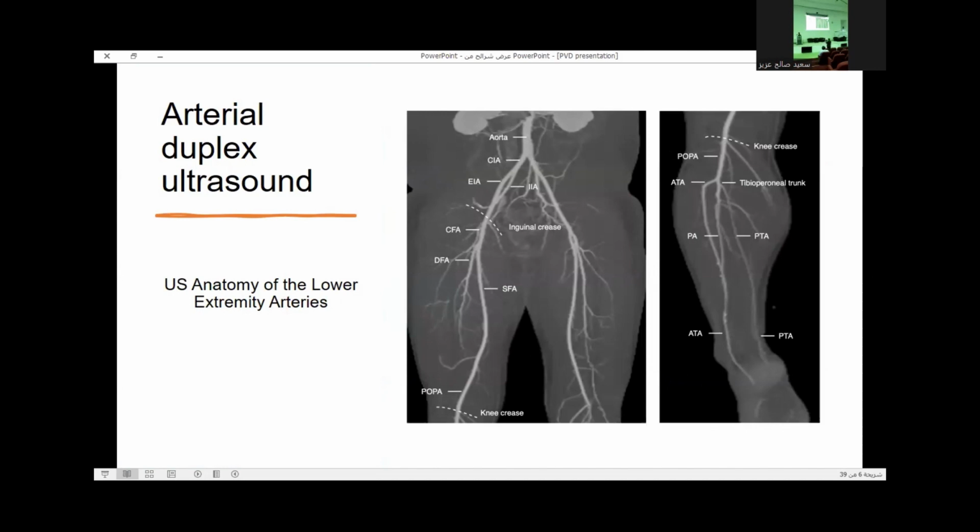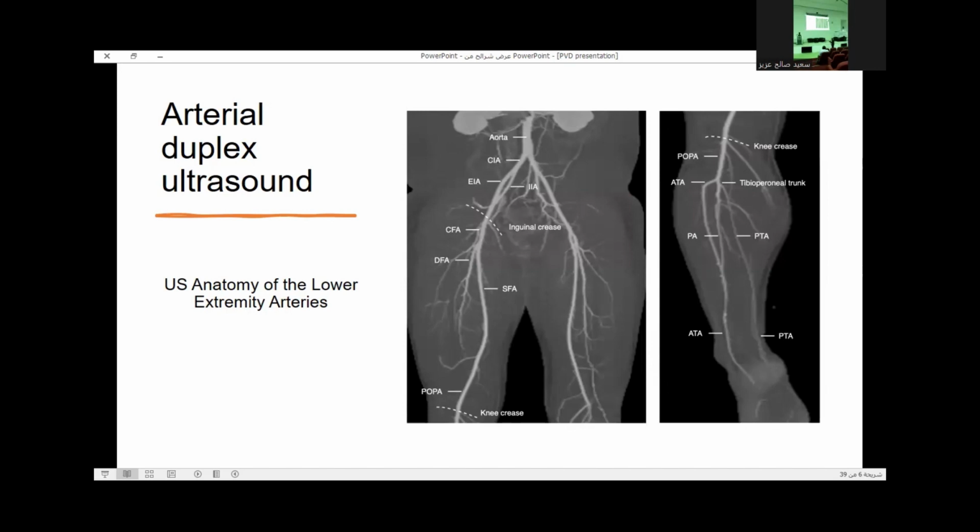But for endovascular treatment, we have another marker, which is the inferior epigastric artery. We can distinguish the takeoff of the common femoral artery from the external iliac artery. The common femoral artery will bifurcate into the deep femoral and superficial femoral arteries.